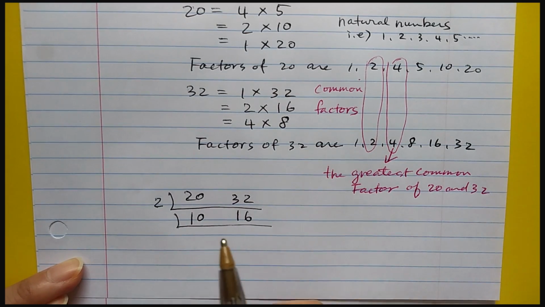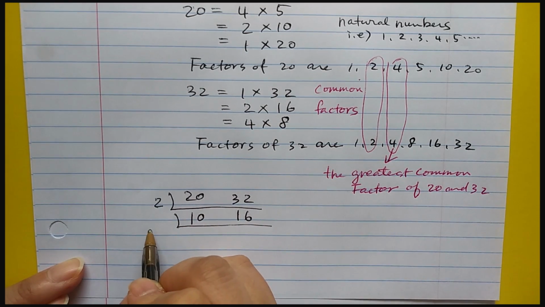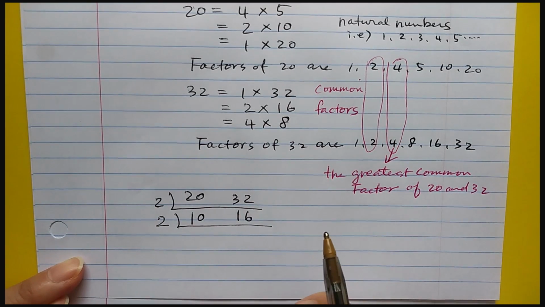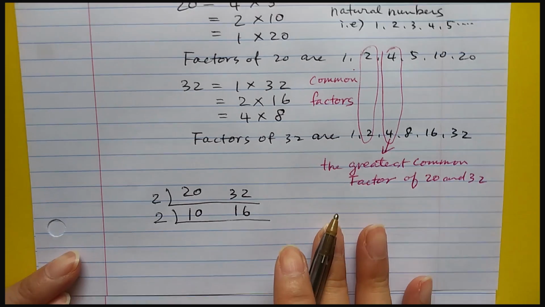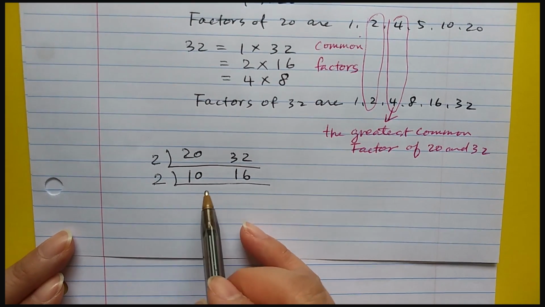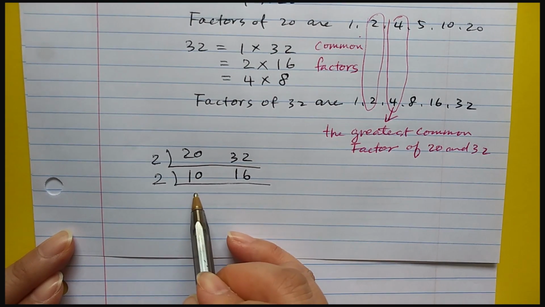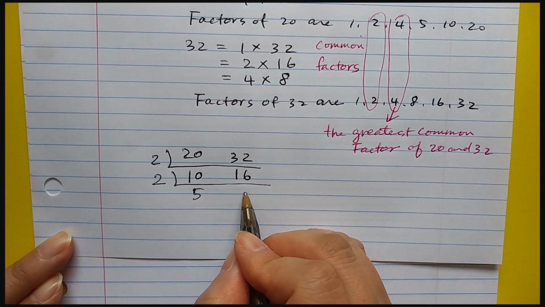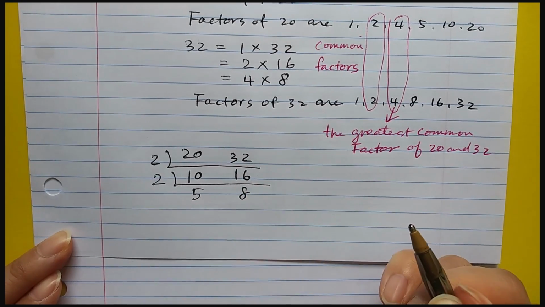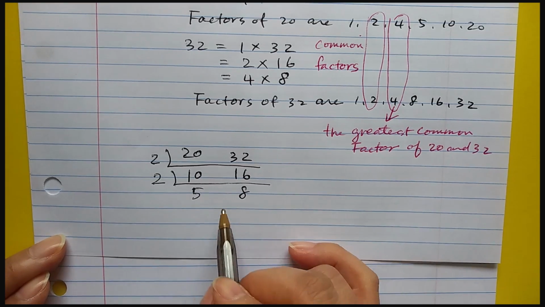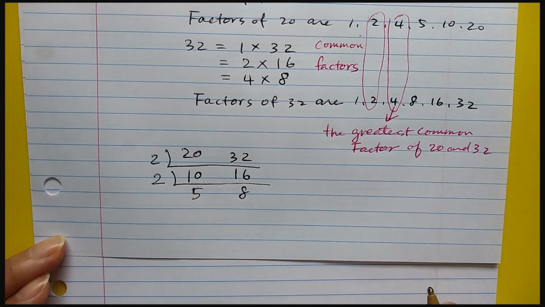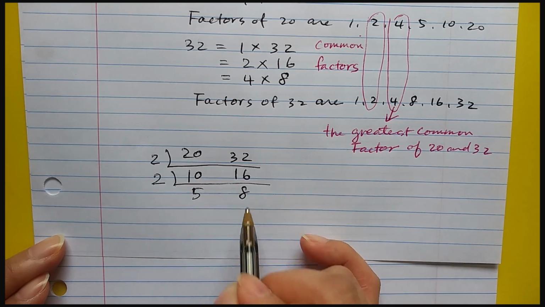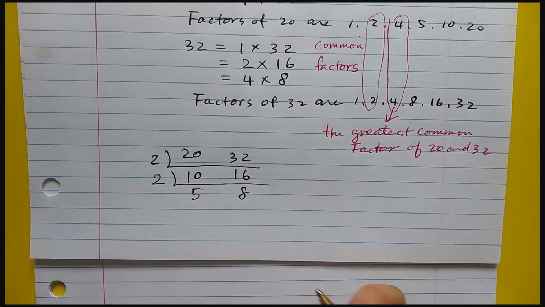Do that again. What can divide both numbers here? Again, 2. So 10 divided by 2 is 5, and 16 divided by 2 is 8. And there are no more numbers that can divide both numbers here, so you're done.